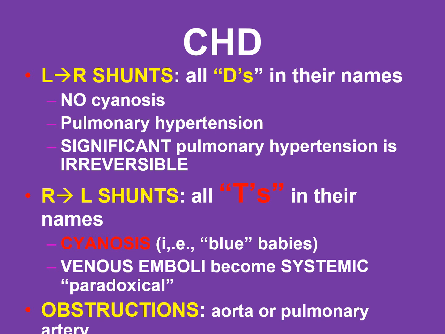Your right to left shunts, which are all T's in general, would manifest with cyanosis, and these are your blue babies. They could also develop venous emboli that become systemic, and this is what they call a paradoxical emboli. The third group of congenital heart disease is your obstruction, which can be of the aorta, like coarctation of aorta, or the pulmonary artery.